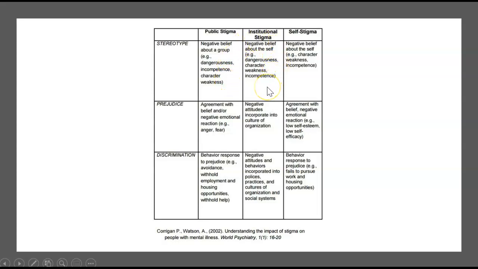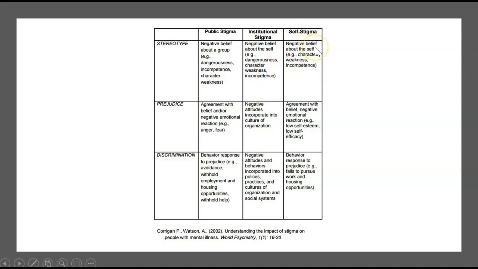On the institutional side, you may have negative beliefs about that group, and then they're taken into the policy zone. So if the stereotype of people with mental illness is that they're dangerous, or that they have weak character, or they're likely to be incompetent, that means that hiring decisions are going to be based on that perception, and people with a mental health history may be avoided systematically from inclusion.